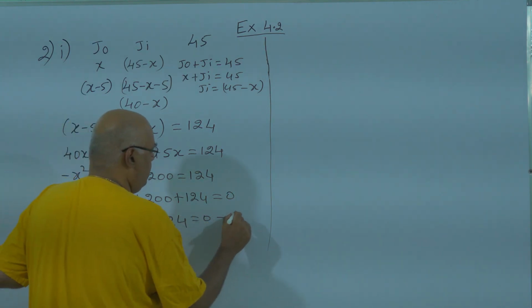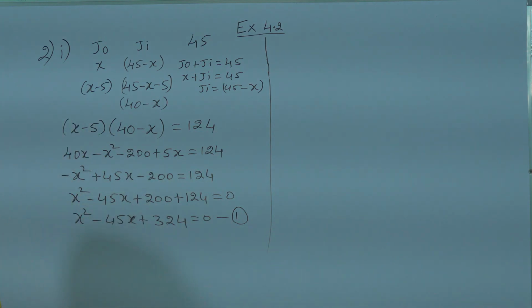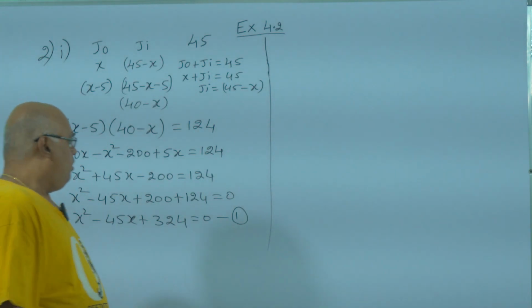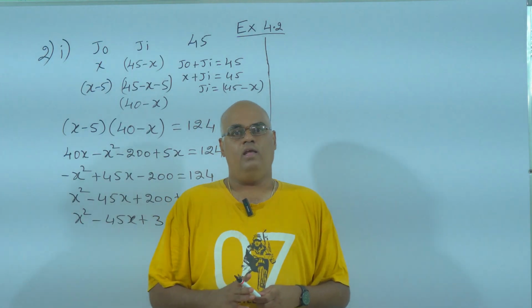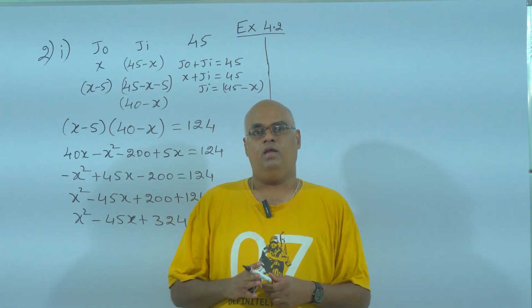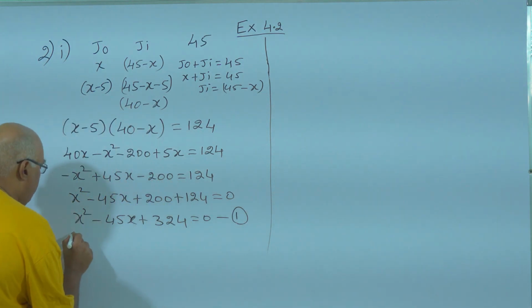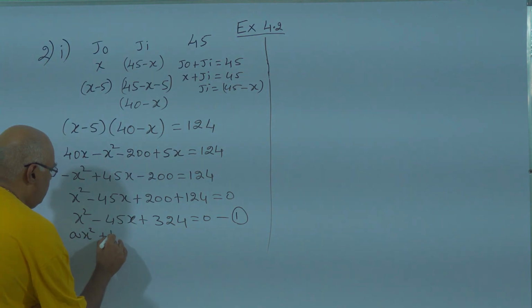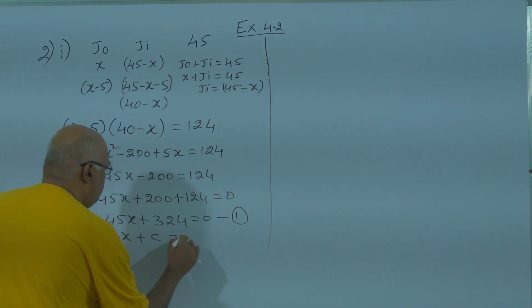So let us say this is equation 1. Now if you see equation 1, it is a quadratic equation. Now we need to solve this quadratic equation. So we need to find the roots of this quadratic equation. To do that, we will compare equation 1 with the standard form of the quadratic equation. We know that the standard form of the quadratic equation is ax square plus bx plus c is equal to 0.